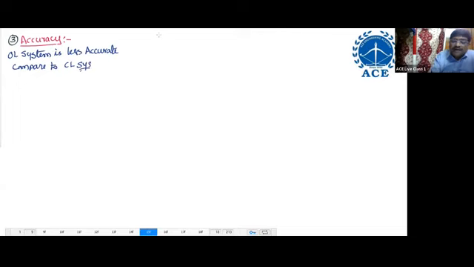Whereas here what you can write? Closed loop system accuracy. And one more thing here, open loop system accuracy depends on input and process.